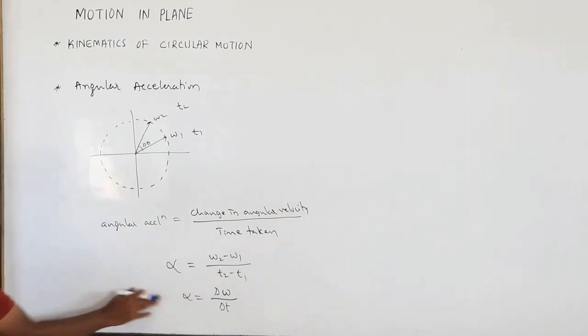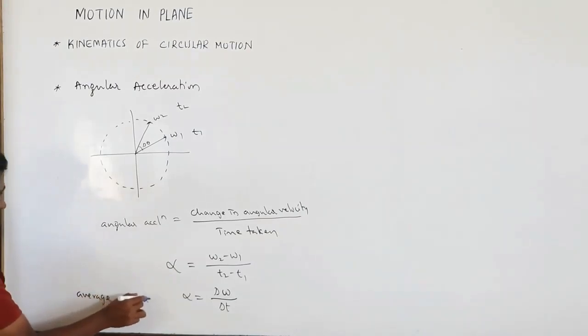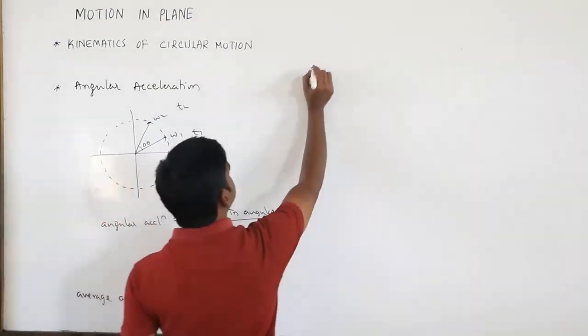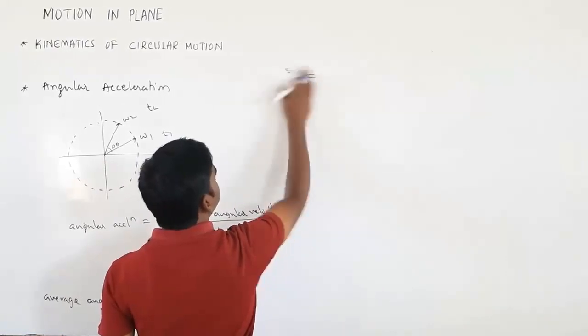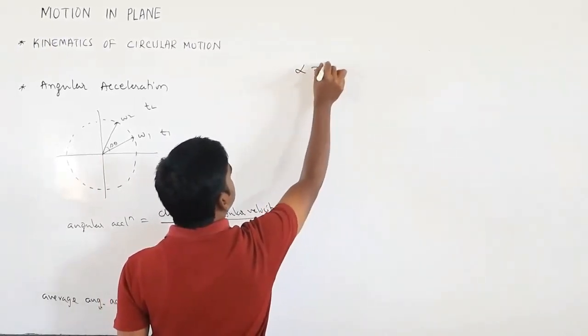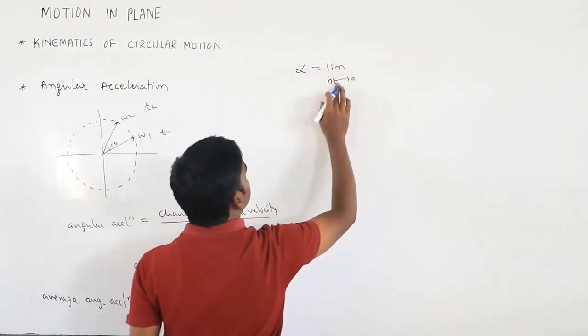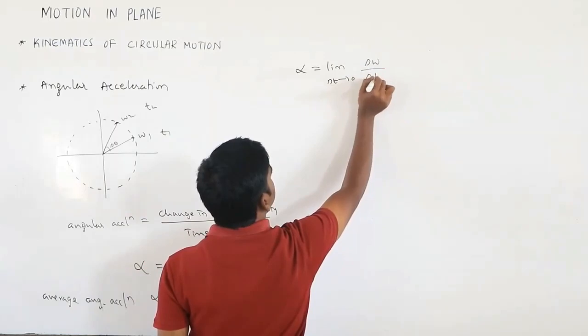So alpha equals delta omega divided by delta t, the change in angular velocity divided by change in time. This is the average angular acceleration. Now if you apply the limit, delta t tends to 0, this becomes delta omega divided by delta t.